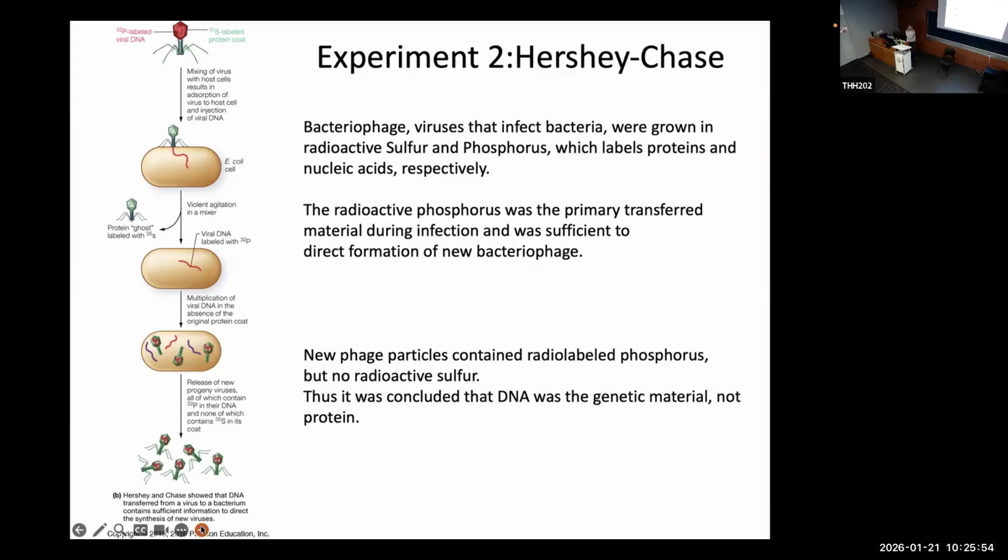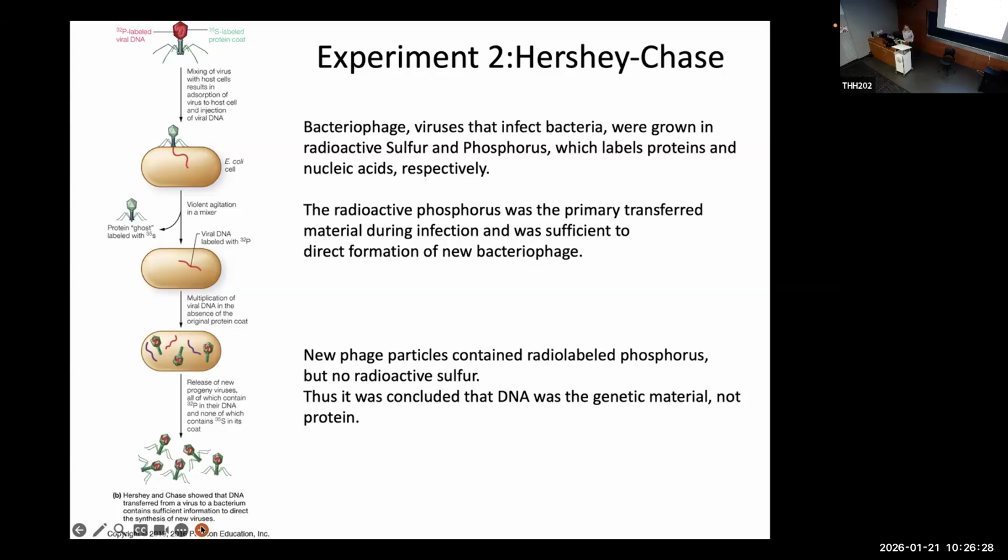And then the question was, can the DNA that was injected here, is that sufficient to direct the formation of new phage particles? Does it have the genetic information to make new phage? And the answer was yes. The DNA was basically replicated and transcribed and translated by the host cell to produce viral proteins, which makes all the new phage particles, and new genomes that get packaged.